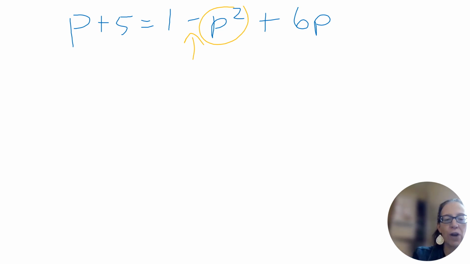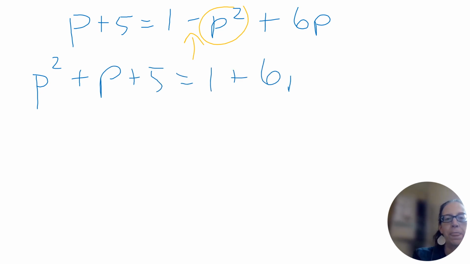So I am going to try to get a 0 on this side of the equation. I am going to do that by adding p squared to both sides. So that's going to give me p squared plus p plus 5 is equal to 1 plus 6p. And I am going to subtract 6p from both sides.